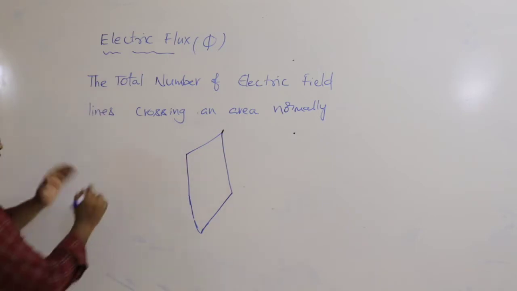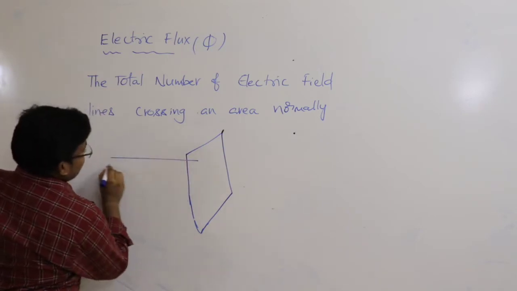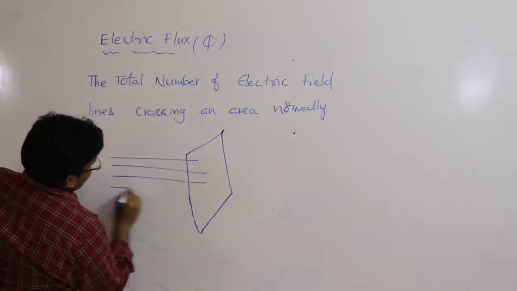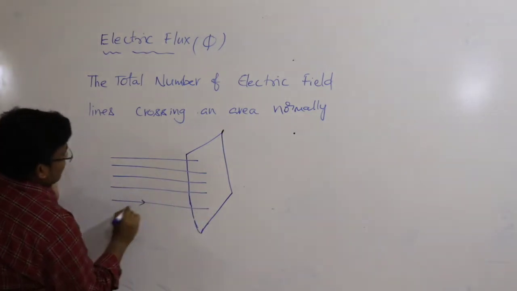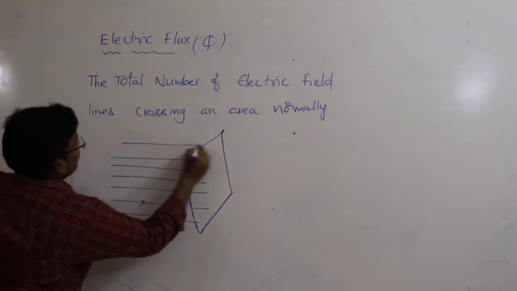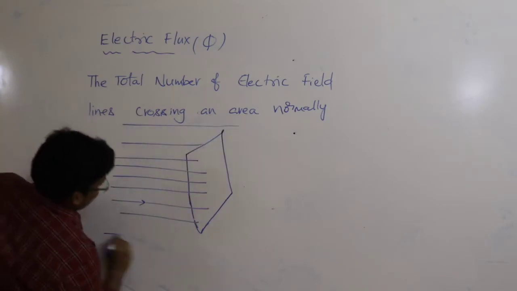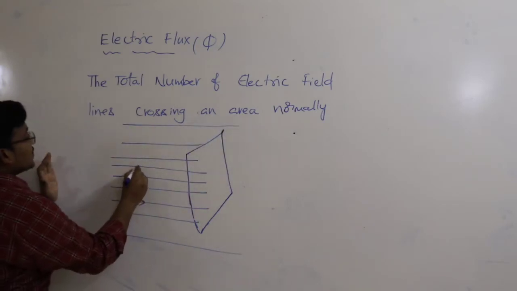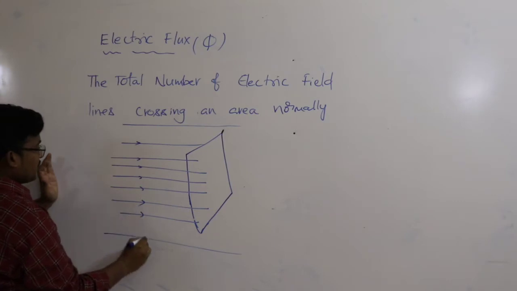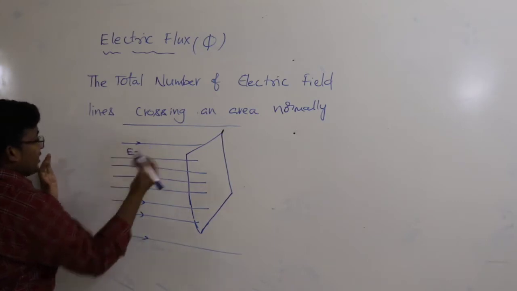Now, if there are some lines coming like this, these are called electric field lines.